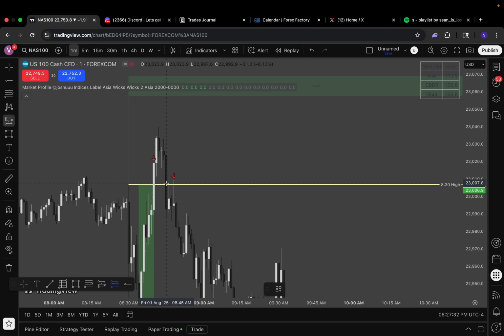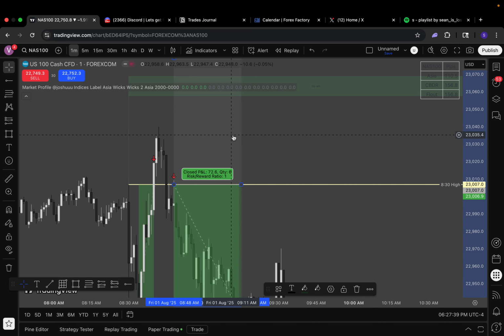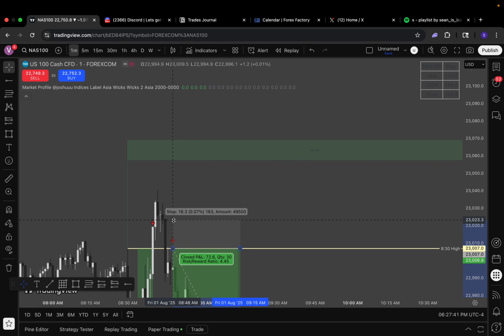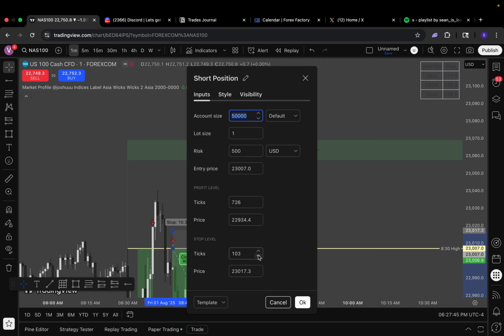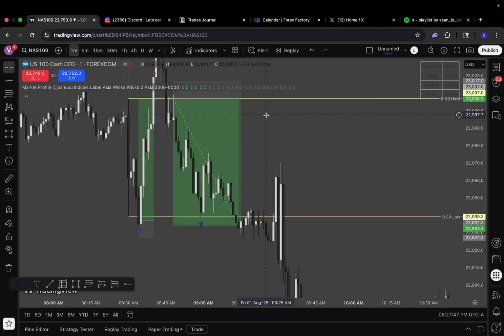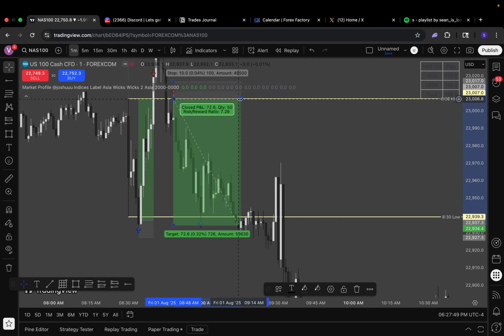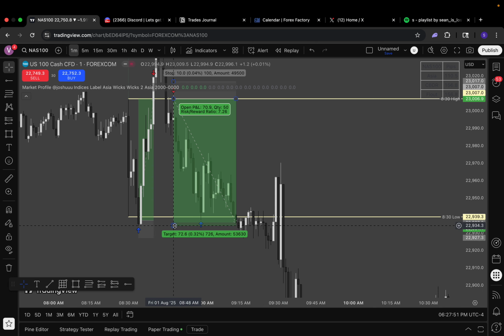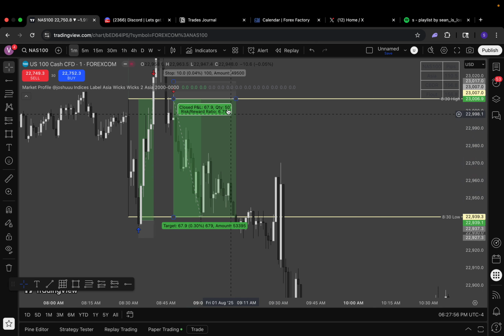I see that price had a strong candle close right below 8:30 high, and then I just placed the limit on this retest here, 10 point stop, and yeah, it was to this 8:30 low.